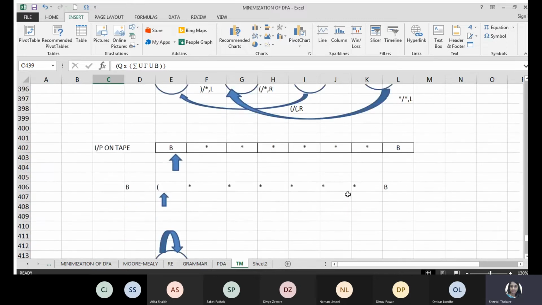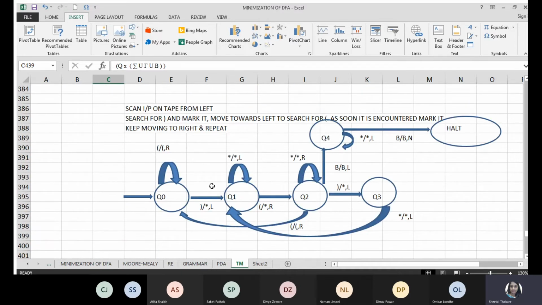You will be able to understand this thing only if at least one transition diagram you have drawn on yourself and not copied as it is.